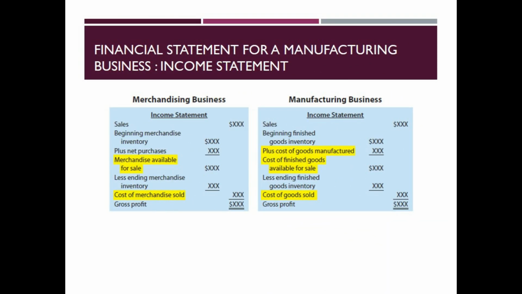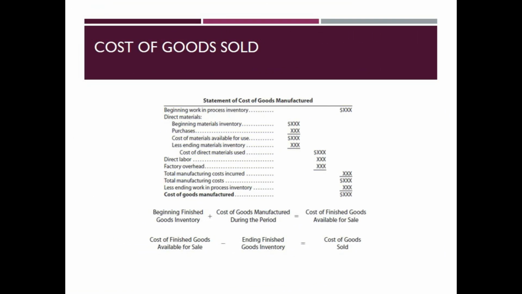The main difference is that for a merchandising business, in determining the cost of merchandise sold, you only need to know the merchandise available for sale and the ending merchandise inventory. However, for manufacturing businesses, you need to consider the cost of goods that have been manufactured, finished goods available for sale before you will be able to arrive at the cost of goods sold. Okay, so I've provided you a statement of the cost of goods manufactured.